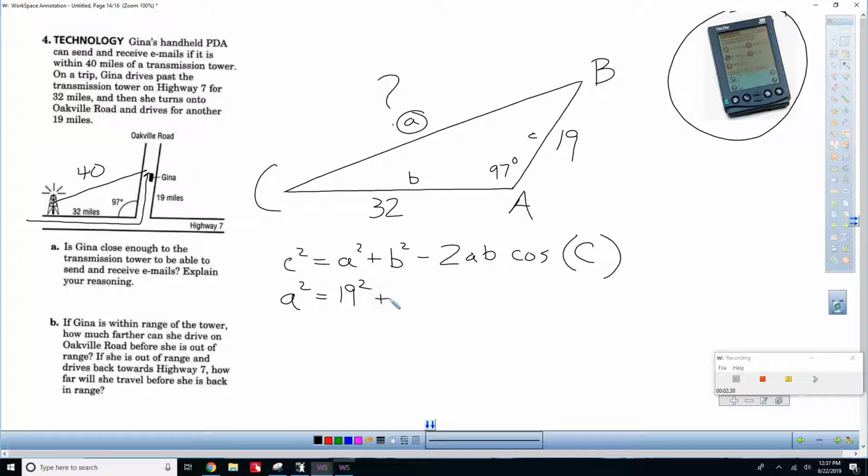19 squared plus 32 squared minus 2 times 19 times 32 times cosine of 97. Let me pause the video and bust out my calculator real quick.